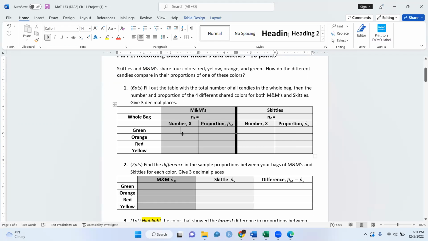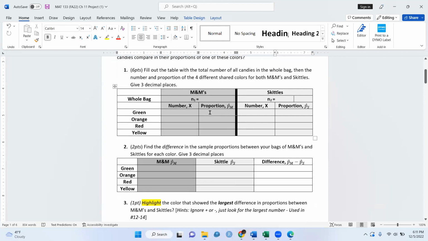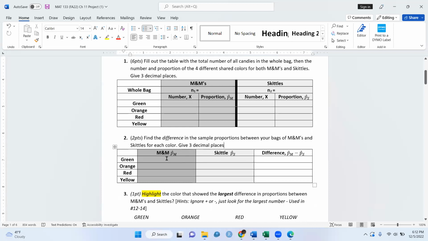And we want you to write down the X's for each of the colors, and then the p-hats for each of the colors. So remember, total M&Ms, total Skittles for the whole bag, and then green divided by that number. And then for whatever reason, we're asking you to copy these proportions here, and then copy these proportions here. And then you're going to calculate the difference between those 2 proportions, in this order: M&M proportion minus Skittle proportion, and you're going to get these differences. Y'all feel okay about that?